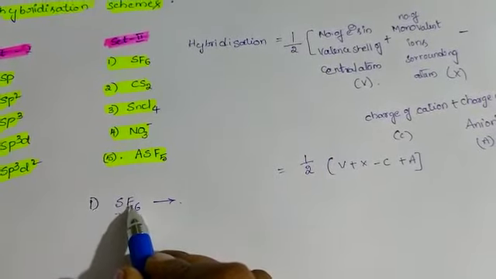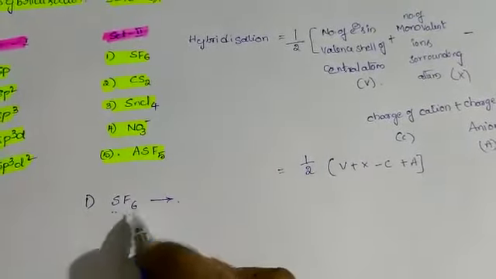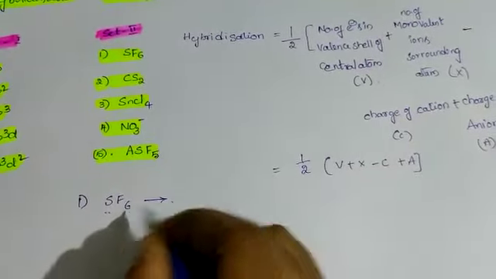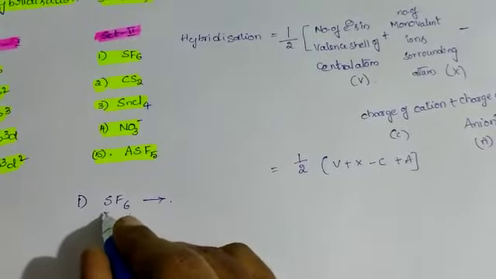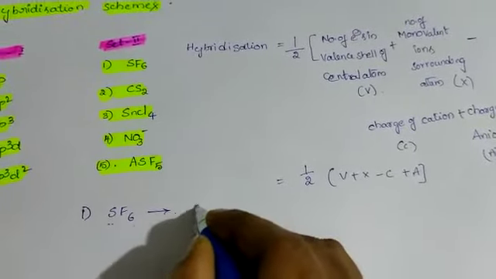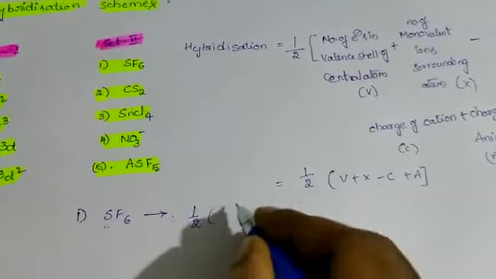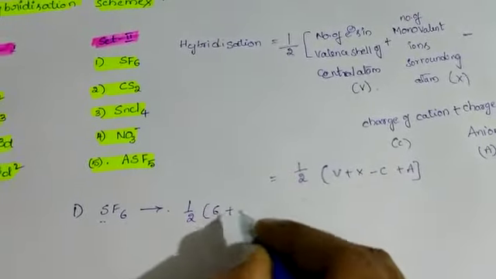The number of valence electrons in sulfur is 6.